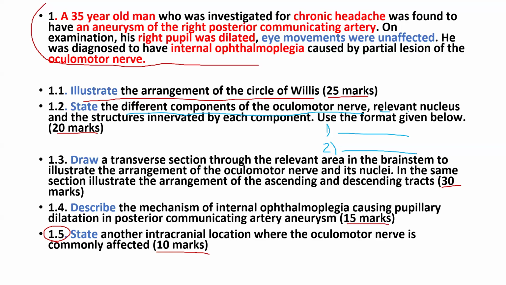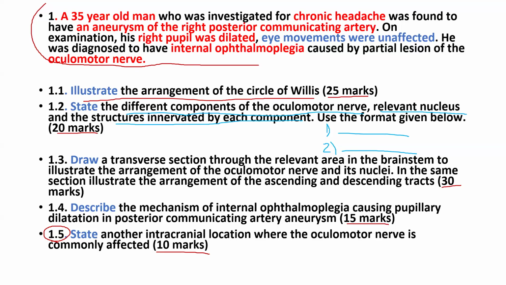So what are the nuclei regarding this oculomotor nerve, and the structures innervated by each component. Sometimes you may not know the answer for this. All the components of the oculomotor nerve you know, but the relevant nucleus you don't. But don't give up. Write what you know. If you know the component, you can write it.